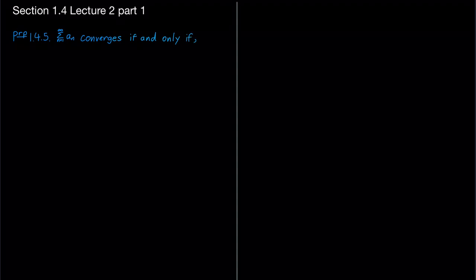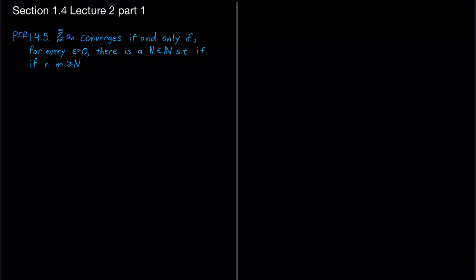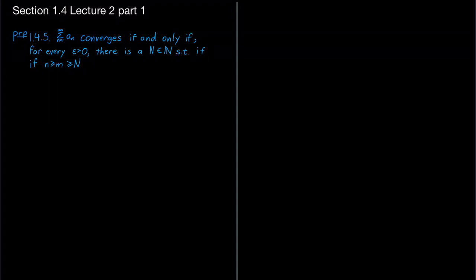And then this is an epsilon-N Cauchy sequence type condition, so we write down: for every positive number epsilon, there is a natural number N such that if little n and little m are both bigger than our natural number N, bigger than or equal to doesn't really matter, and let's specify, the proof will go a little bit more smoothly if we know which of the two is bigger.